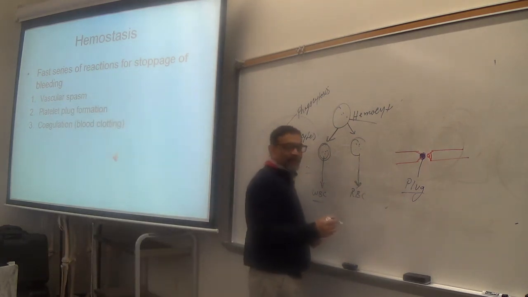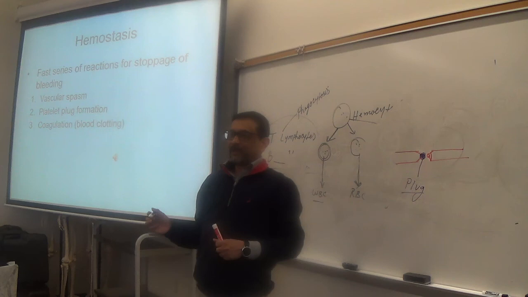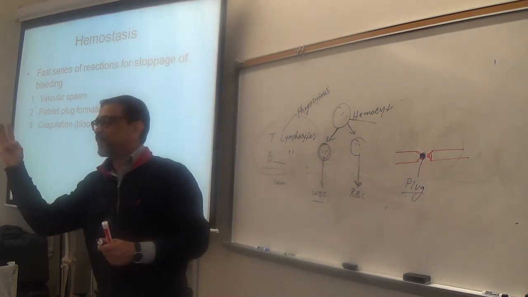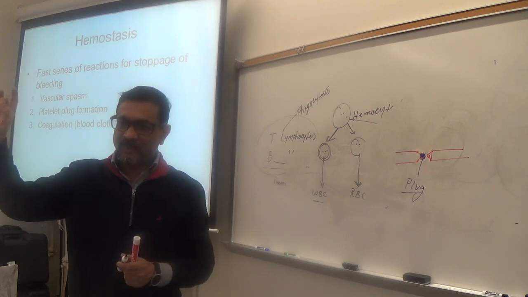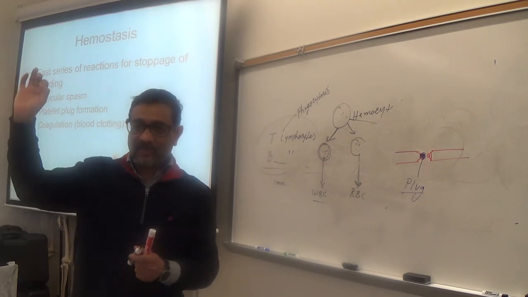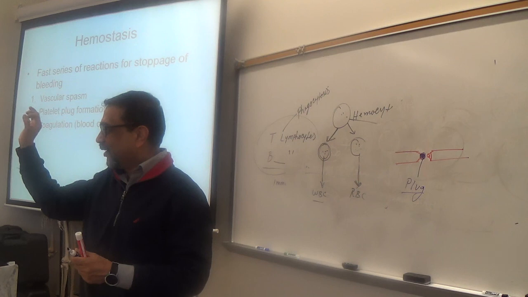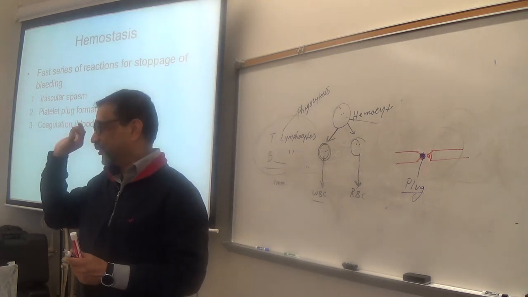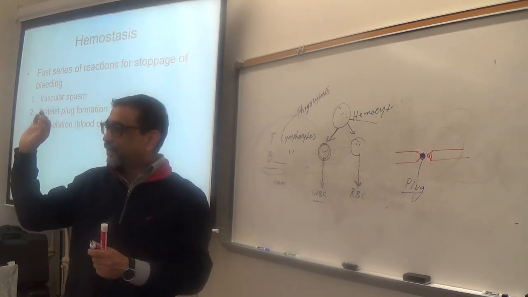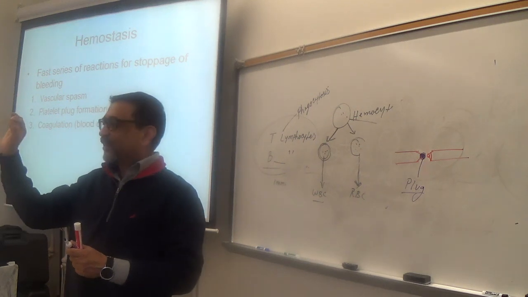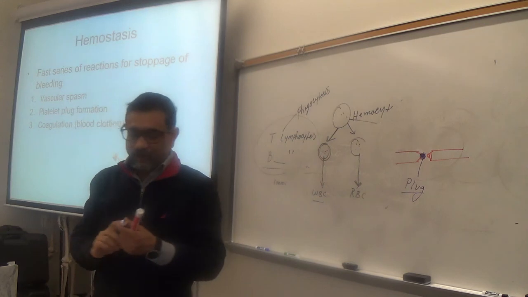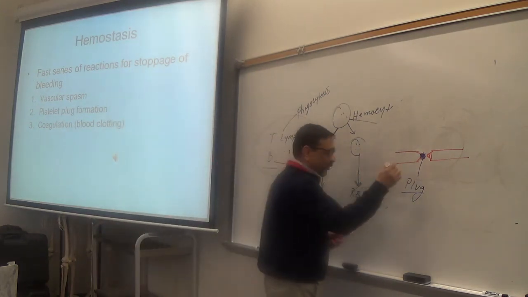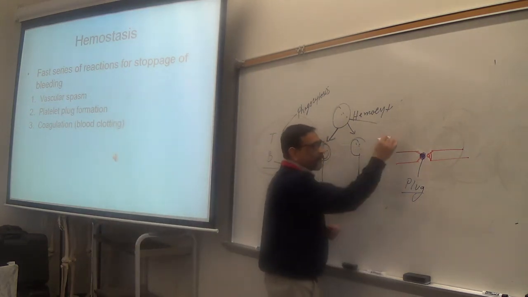And the last thing is coagulation. What will happen? How many of you remember the 3 types of plasma proteins? Albumins, globulins, fibrinogens, right? Remember, I just told you 1 or 2 functions of each. At that time I said fibrinogen is for what? Blood clot. Remember that? So what happens now? The fibrinogen will form fibrin threads like this.